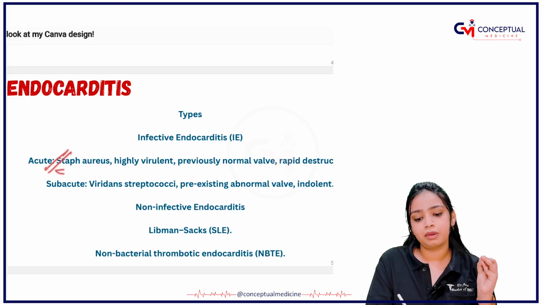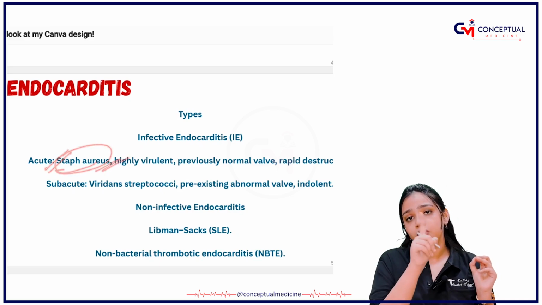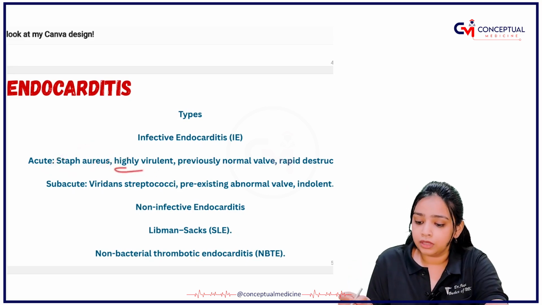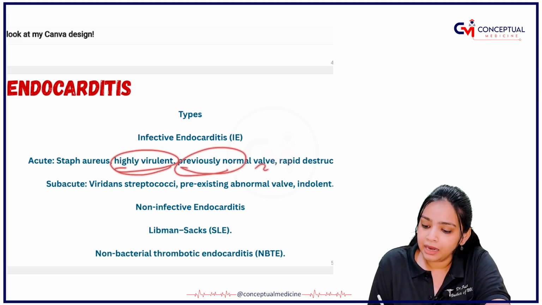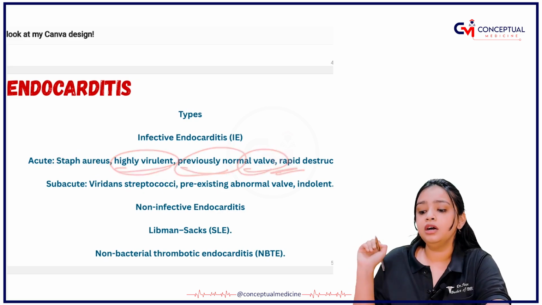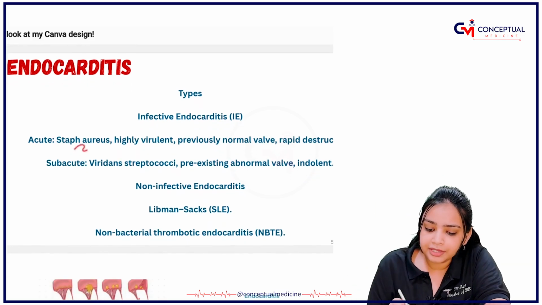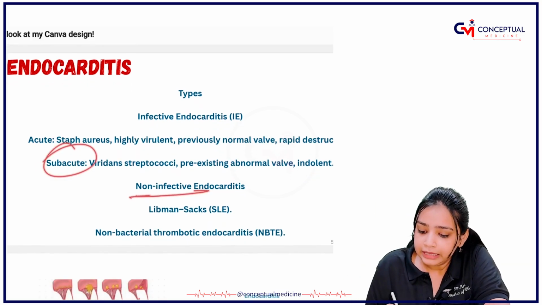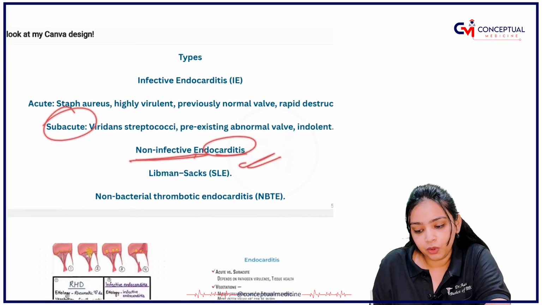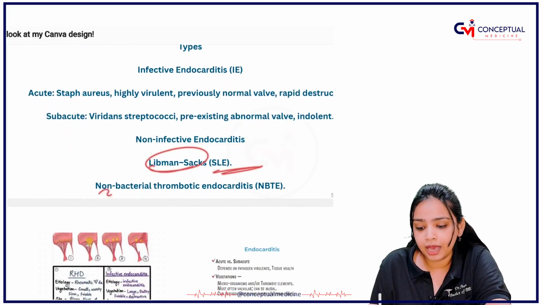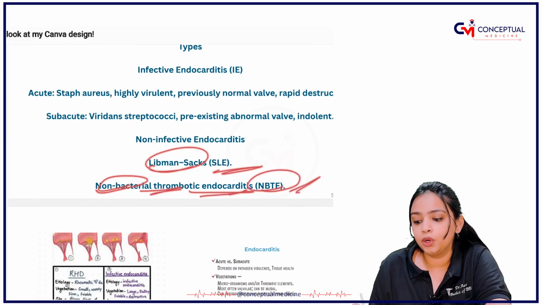So why not just remember it here only? Remember the organism is Staph aureus. Then it is highly virulent, and previously the patient is having a normal wall which is getting degraded. Okay. Next you have is the subacute one. Then you have the non-infective endocarditis, Libman-Sacks, SLE, and non-bacterial thrombotic endocarditis.